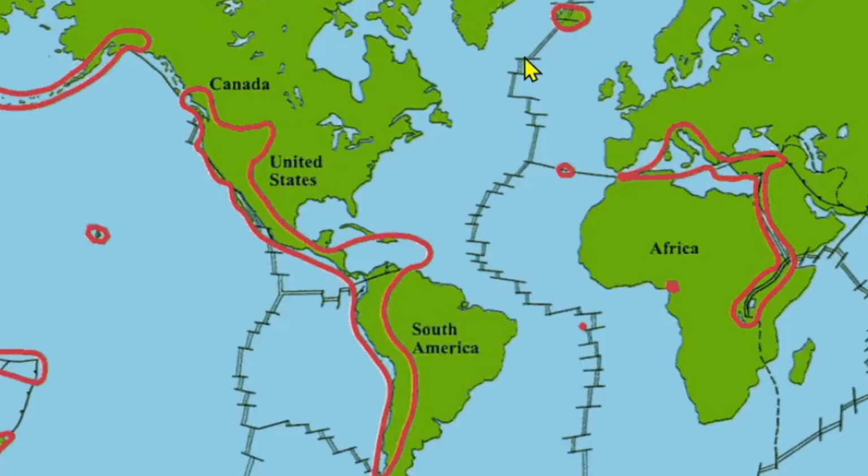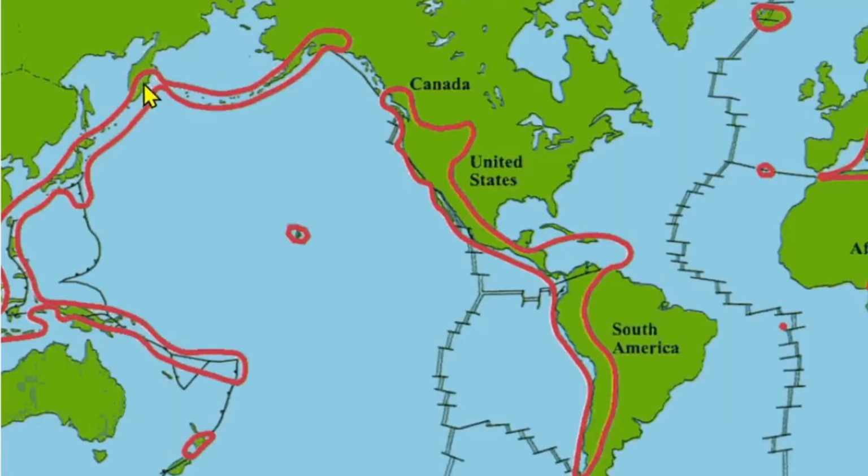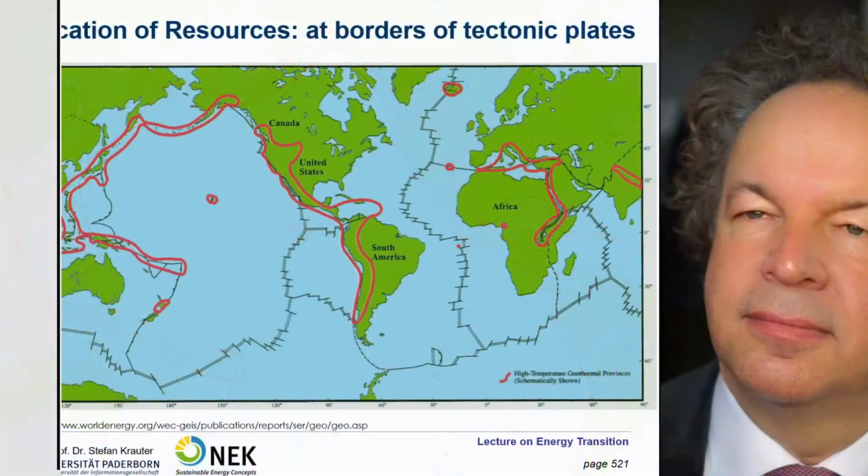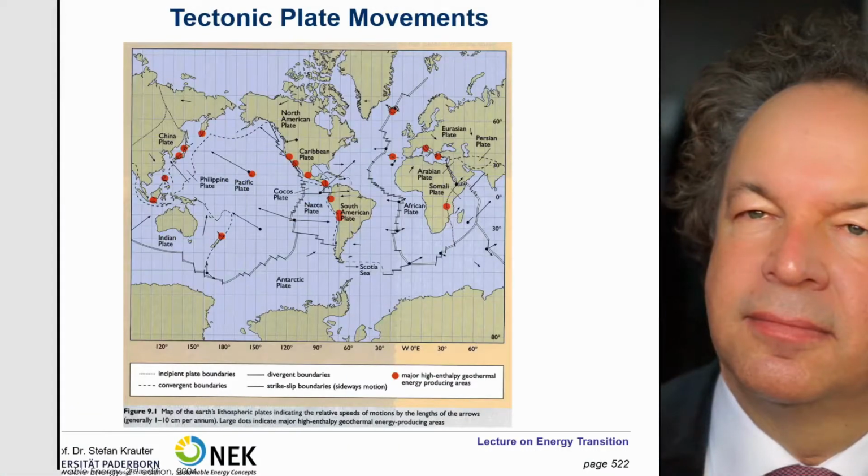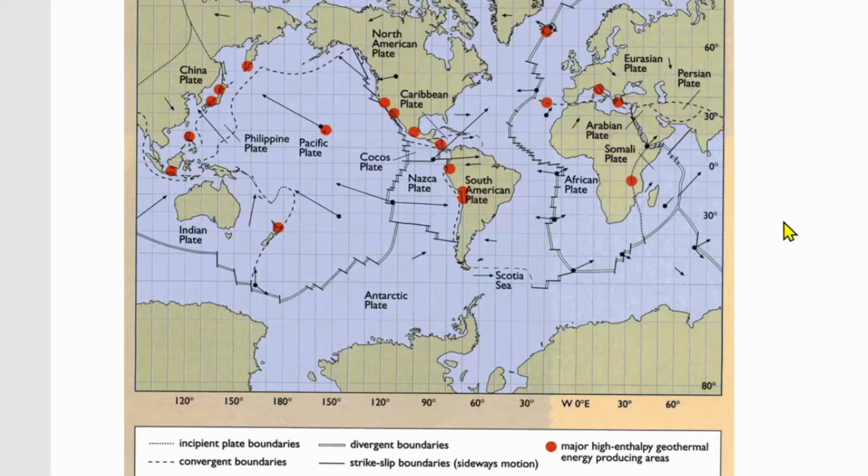You see here the American plate is hitting the European plate, but also along the Mediterranean Sea, along the Nile, and here especially in the Pacific, along Japan, Philippines, Indonesia, and New Zealand. Here you see the direction of the movements and the effect at the borders. You see that the Pacific plate is moving towards the northwest.